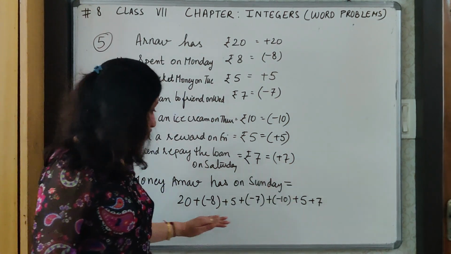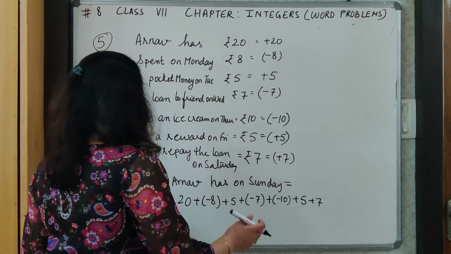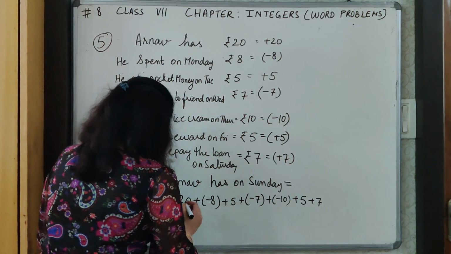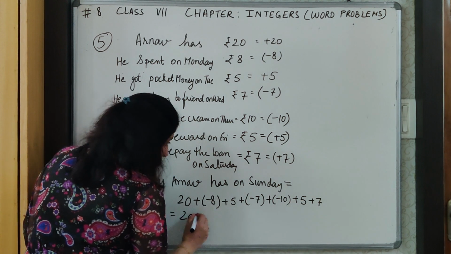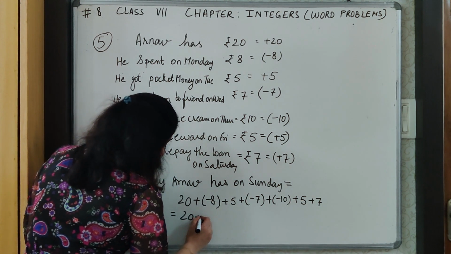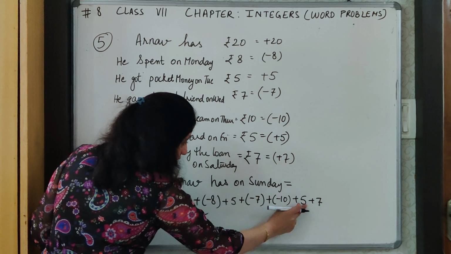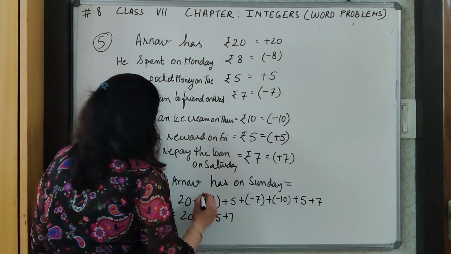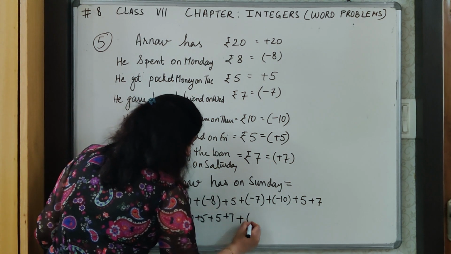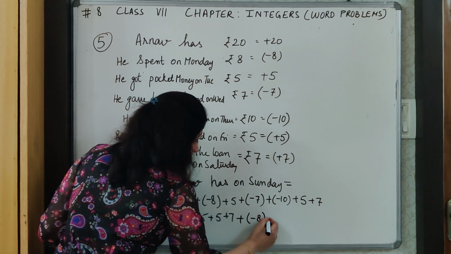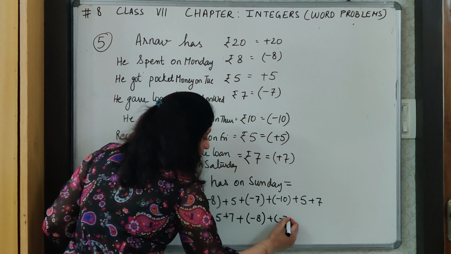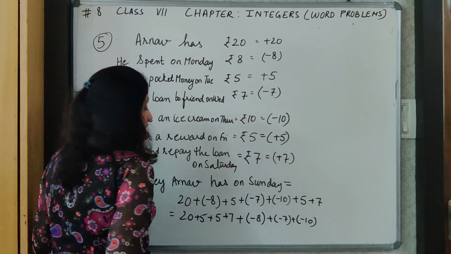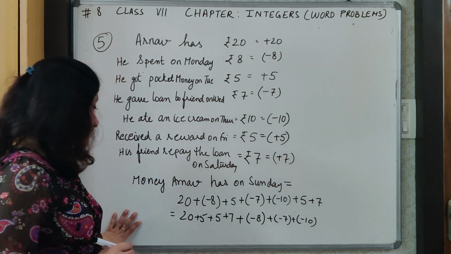Now we simply have to solve this integer expression which we have. For that I will take plus together and minus together. So one is 20, then I have plus 5, then plus 5 and plus 7. Then the plus sign and all the minus integers, that is minus 8, minus 7, minus 10 with the plus sign in between will be written.